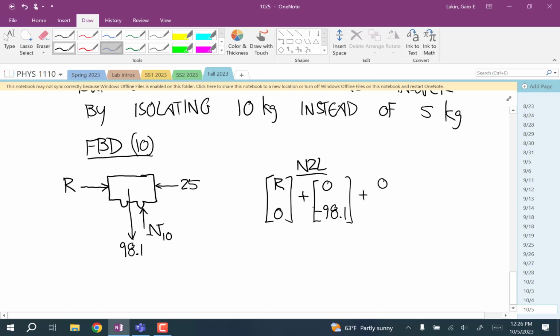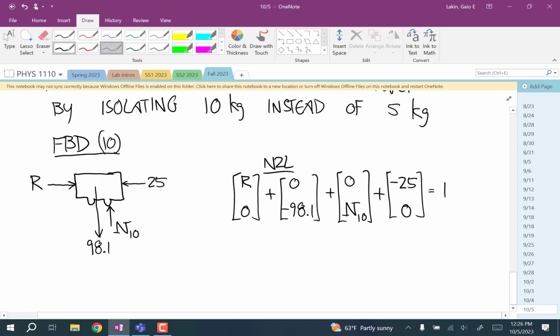We have the pushing force from the ground in the positive y direction. We have the 25 in the negative x direction. And that's equal to the mass times the acceleration that we already calculated.